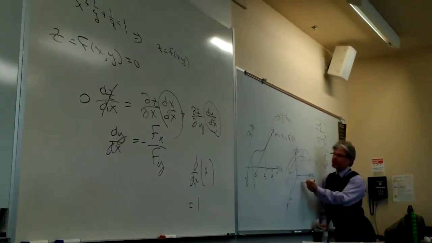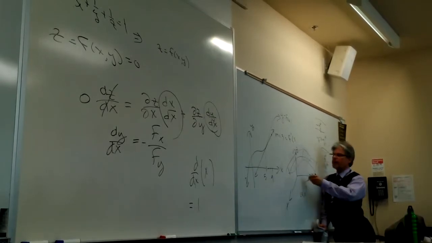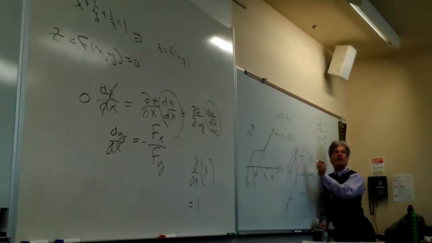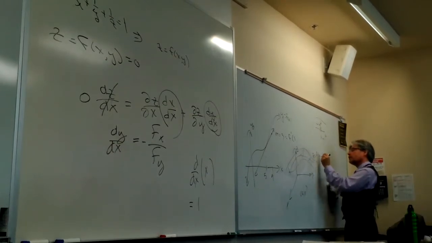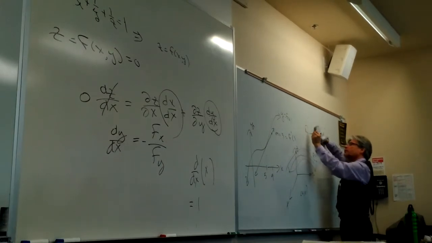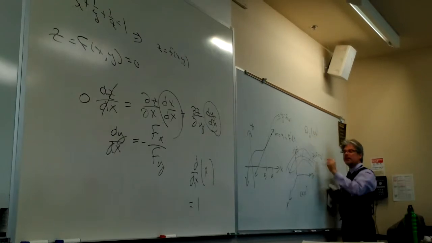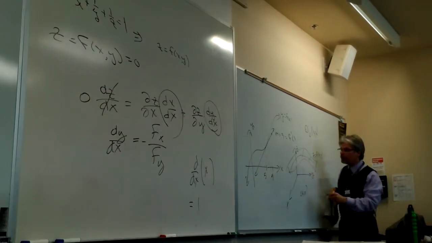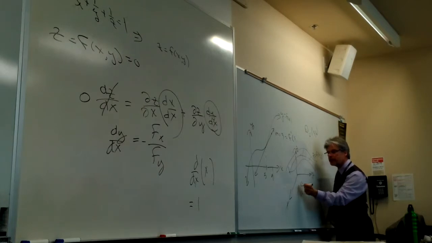And I've got some point, say, a comma b. If I want to talk about the corresponding change in the z values of my surface described by this equation right here, if I want to talk about the change in the z values, move in the direction of some vector u bar at that point a comma b, it means down in the xy coordinate plane, I'm following u bar but only as a unit vector so that its magnitude is 1.